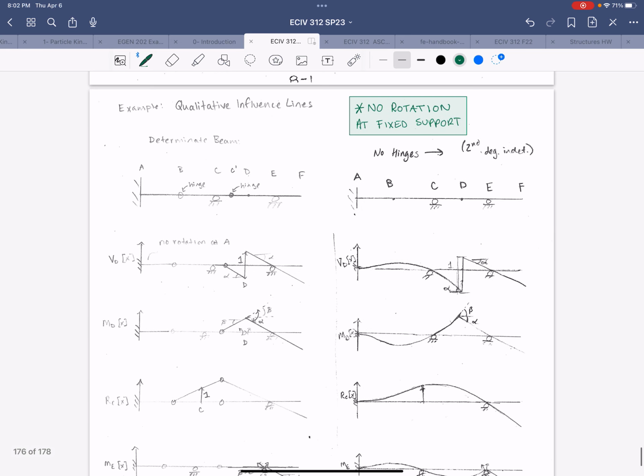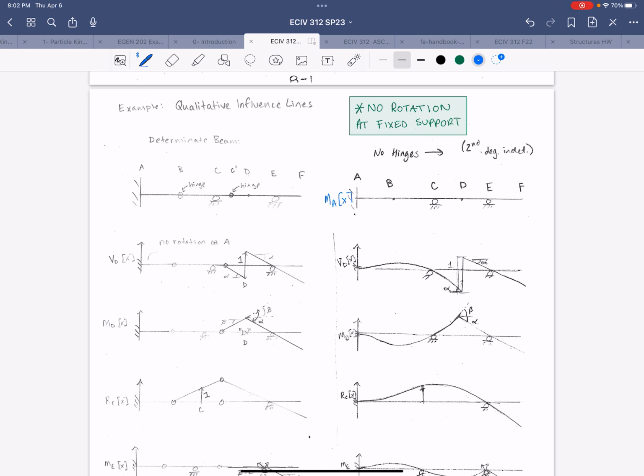But the key thing to remember with a fixed support is that your deflected shape, when you draw it, can't have any rotation at that fixed support. The only exception to that would be if you are drawing the influence line for the moment at that fixed support. So I'm going to add that one right here.